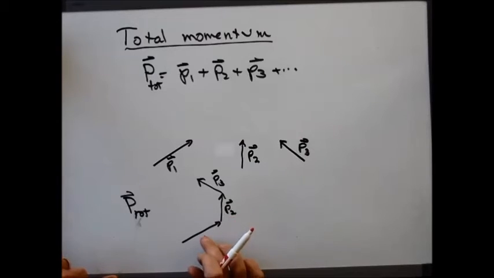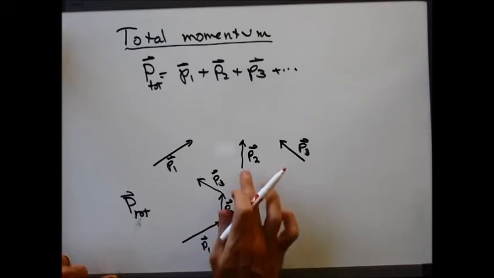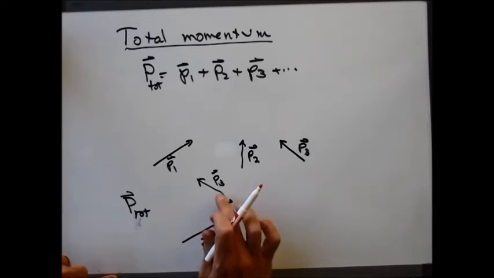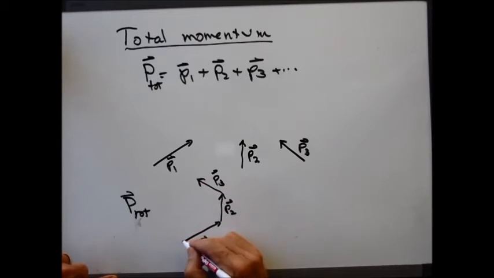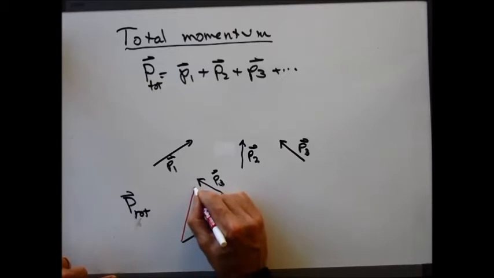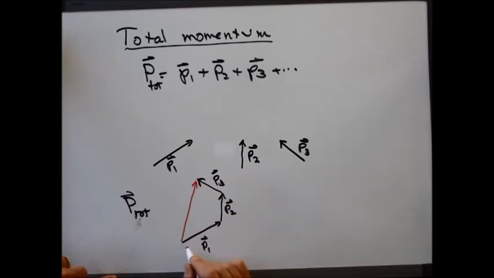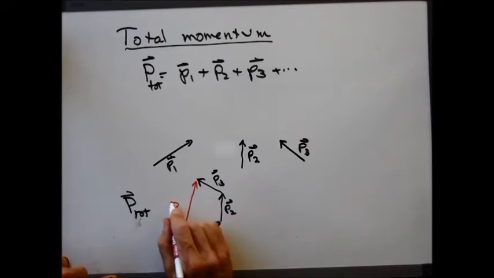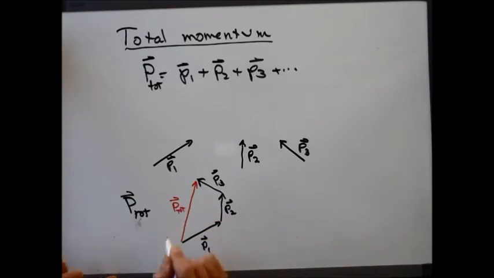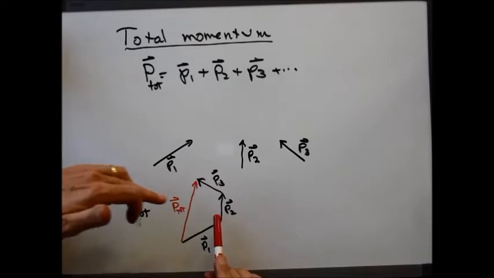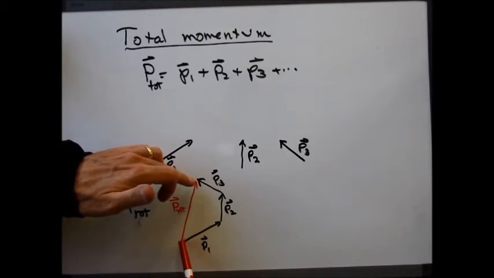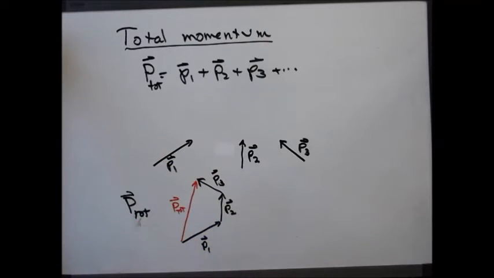Again, when I'm adding vectors, I just take the first vector, start the second vector at the tip of the first one, and then I start the third one at the tip of the second one, and then to draw my sum, I just draw a line connecting the beginning of my first vector with the end of my last vector, and that is my P tot. And so momentum just adds like a vector. And so if I have some system that I'm watching, I can just sum up the vectors in that system and watch the total momentum of my system by watching my P tot vector.